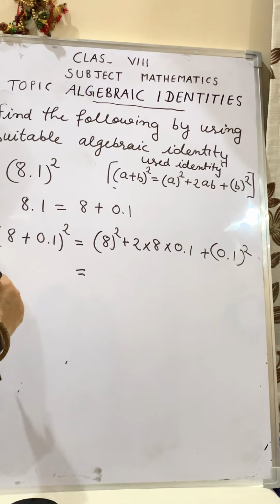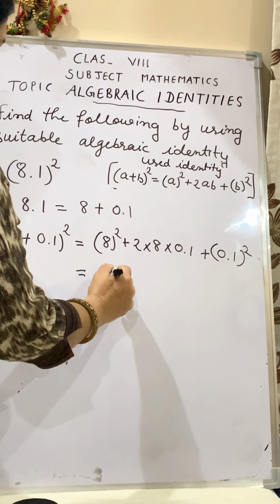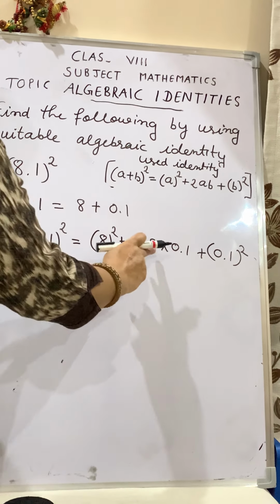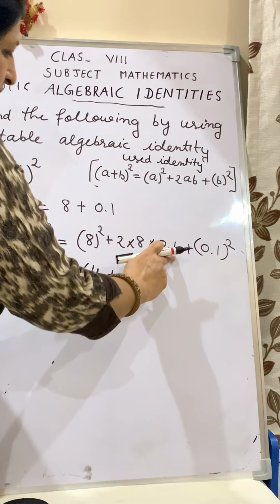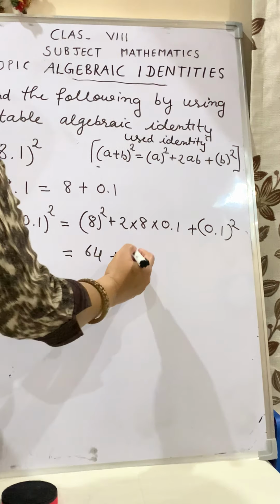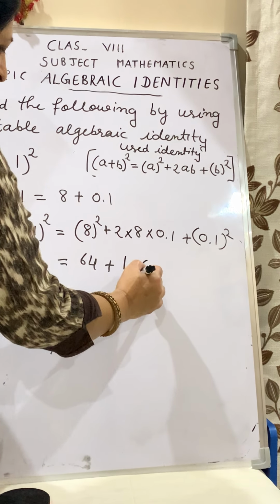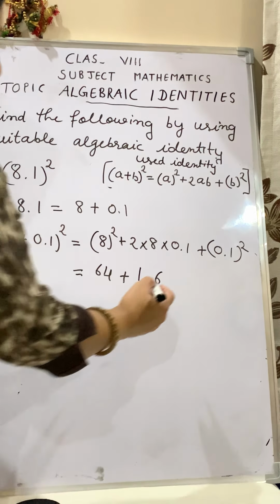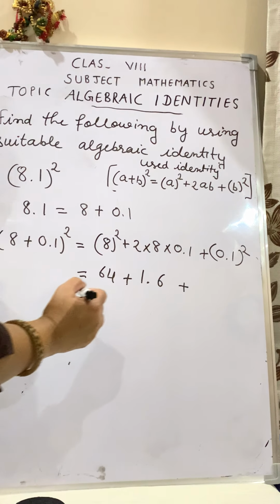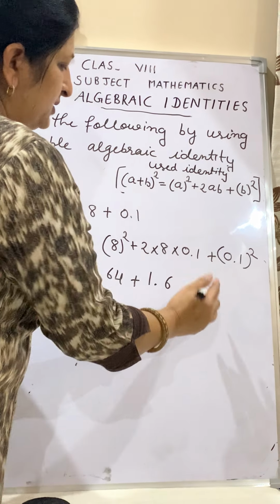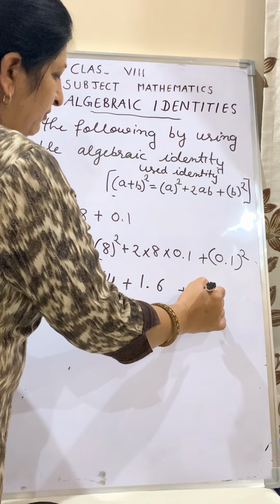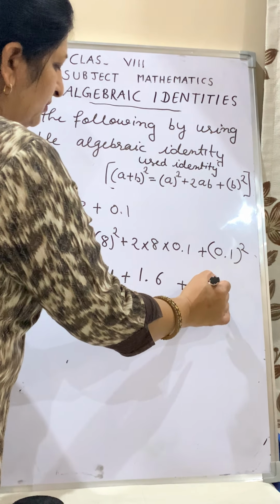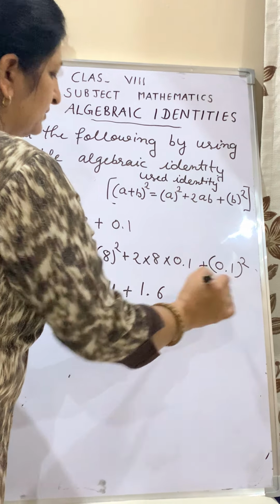We will solve. 8 8s are 64, plus 8 2s are 16, and 16 1s are 16 and 1 decimal place, so we will write 1.6, plus 0.1 multiplied by 0.1, 2 decimal places, so then 0.01.